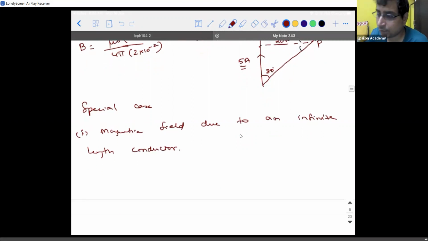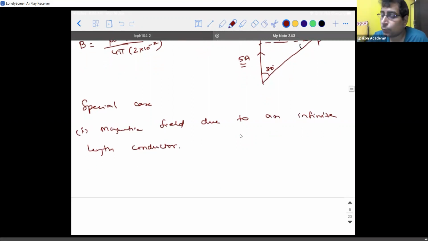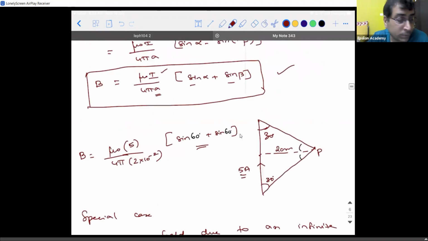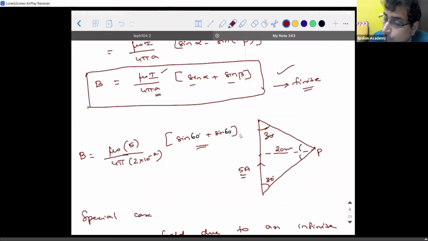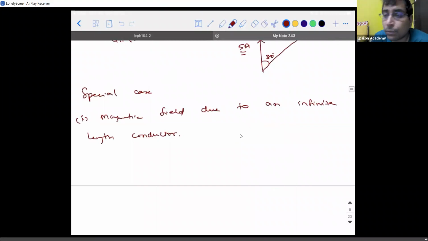So we derived this formula of mu naught I by 4 pi into sine alpha plus sine beta for a finite conductor, whereas here it is going to be for infinite.